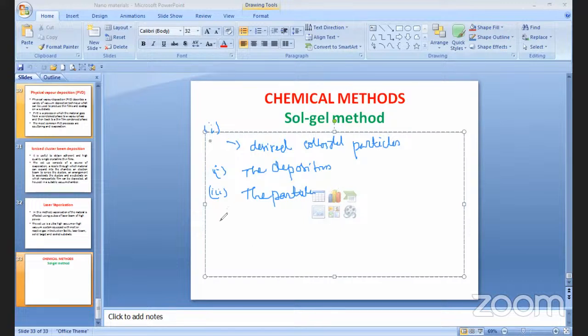The next one is the final heat treatment.